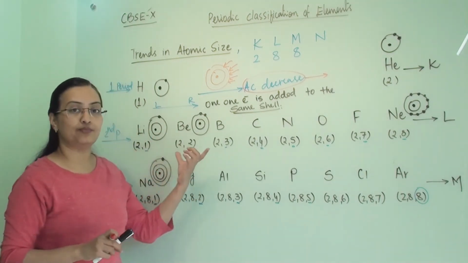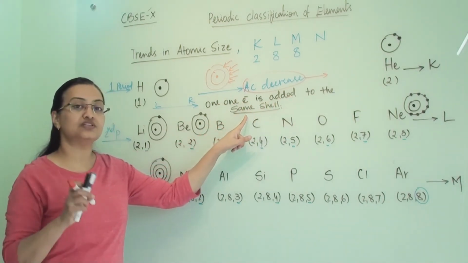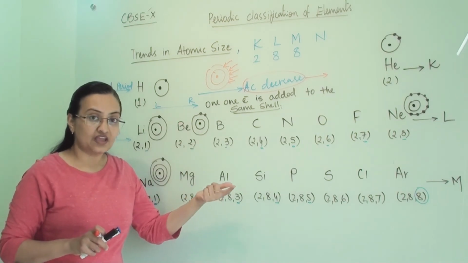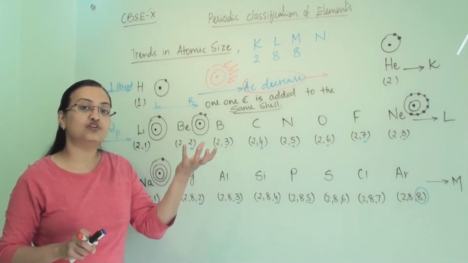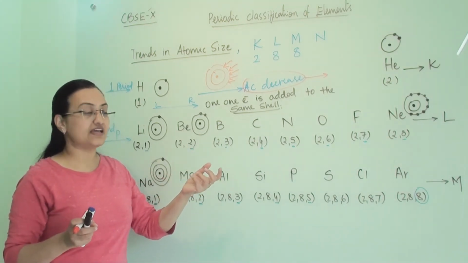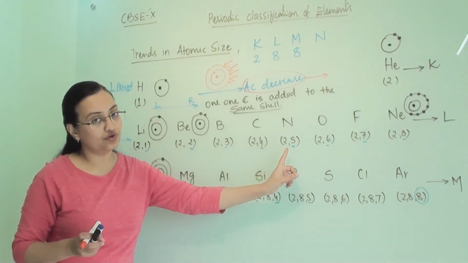As we are going from left to right, one electron is being added to the same shell. So the nuclear charge will increase. As the nuclear charge increases, it will pull the electrons towards the nucleus. So the atomic size will decrease as we go from left to right.